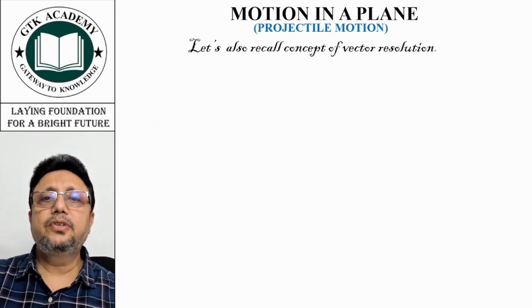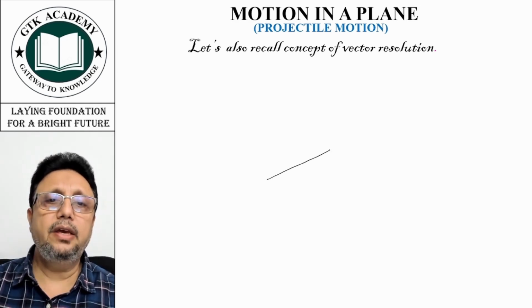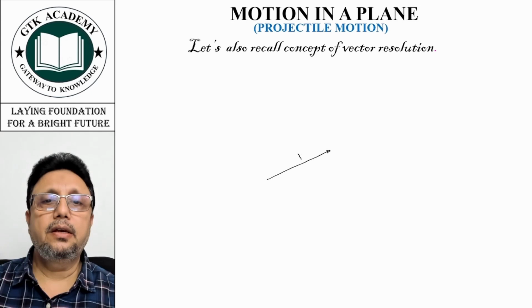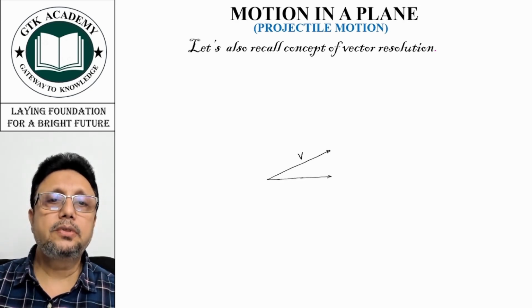The other concept which I just wanted to recall is the concept of vector resolution. Suppose we have any vector, say v here, we can resolve it into two mutually perpendicular directions, which we normally do. Suppose this makes an angle theta here.